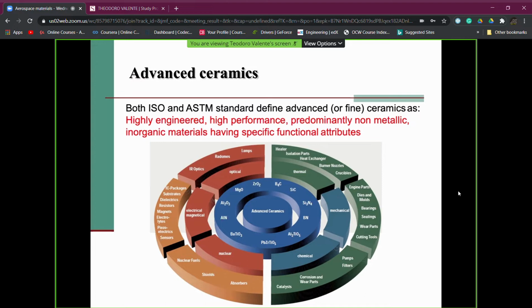So inserts in pumps, filters, in order to protect from corrosion and from wear, relying on the high hardness of the materials itself, as well as other important applications not belonging to the field of our interest, I mean, of the interest of our courses, like nuclear applications, shields, absorbers, or electromagnetic applications.